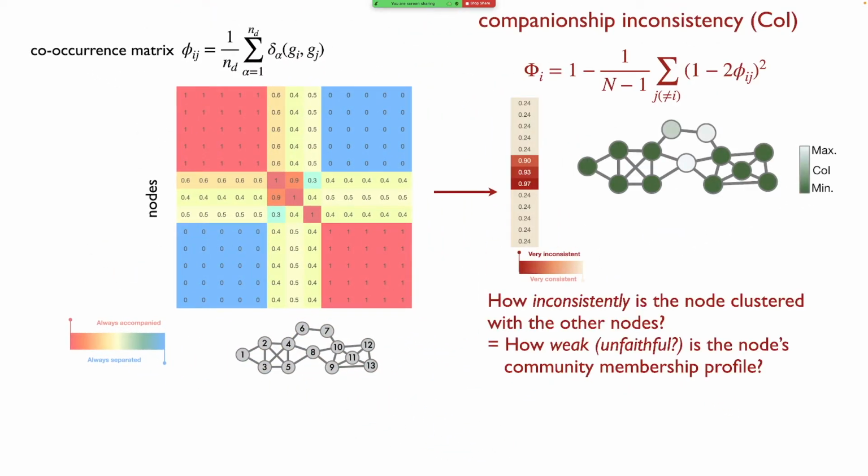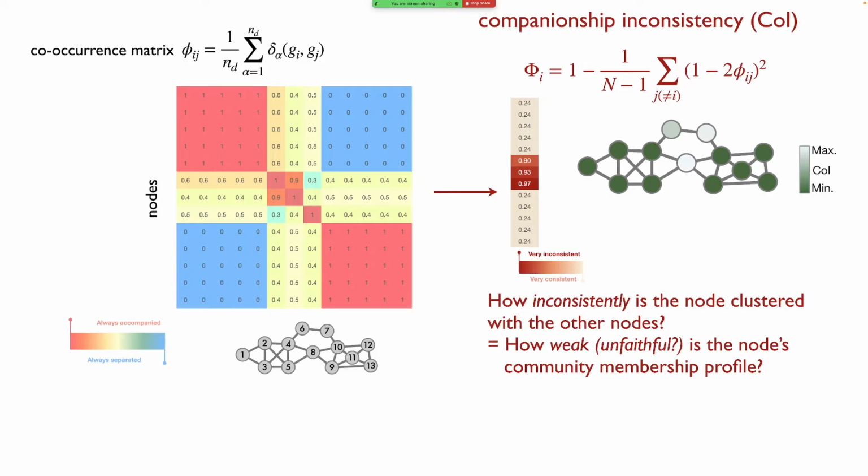Based on this co-occurrence matrix, we formulated the inconsistency called companionship inconsistency, or CoI, of the individual node by simply symmetrizing it and taking the average over all the other nodes. We can treat this CoI value as a new kind of node centrality to quantify the local measure of community inconsistency, which may eventually reveal a functional flexibility of the node, which is of course important in some biological contexts as well.